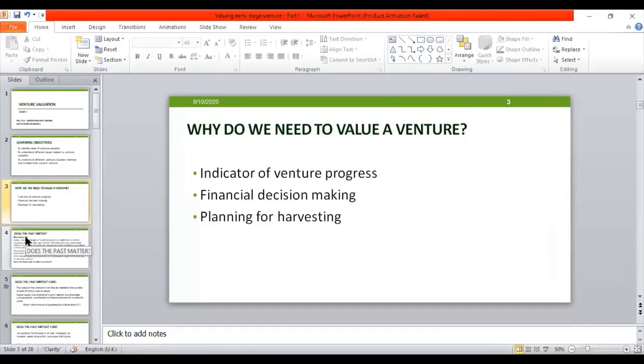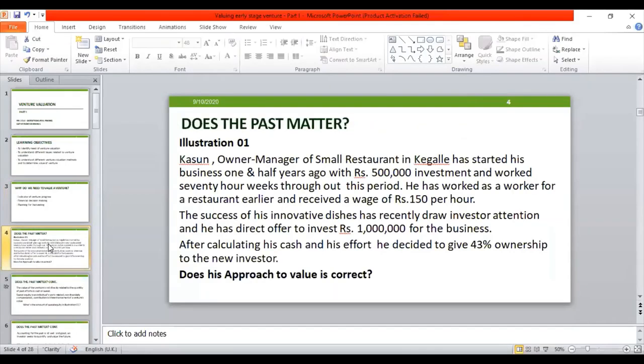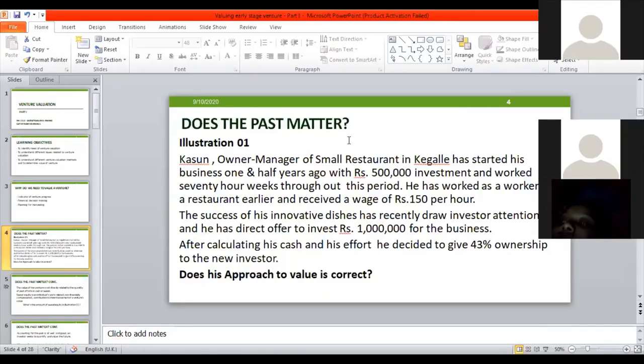So then, moving on, does the past matter? I will explain this through an illustration. Here, Kasun, owner-manager of a small restaurant in Kigol, started his business 1.5 years ago with a 500,000 investment and worked 70 hours a week throughout this period. That means he has worked 70 hours a week for 1.5 years.